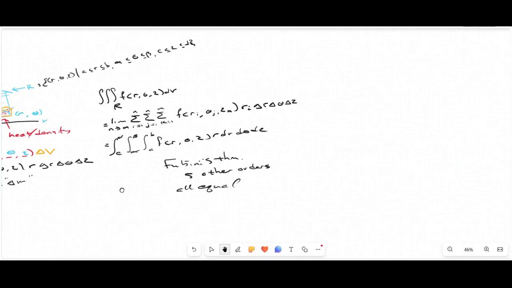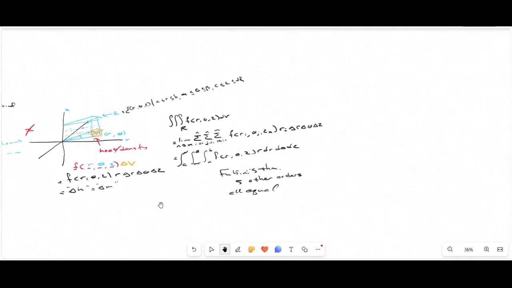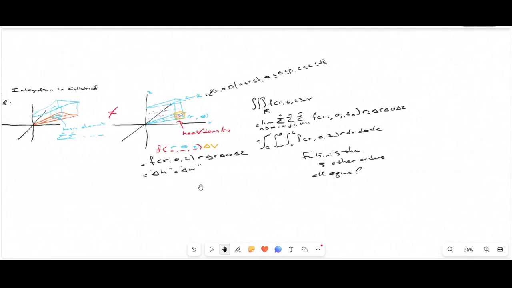Okay, let's just try to collect what we've seen there. So we're extending alternate coordinate systems to 3 dimensions. So far, the only new one we've got for 3D is what we're calling cylindrical coordinates. It's polar coordinates in the base, with the third coordinate being z.